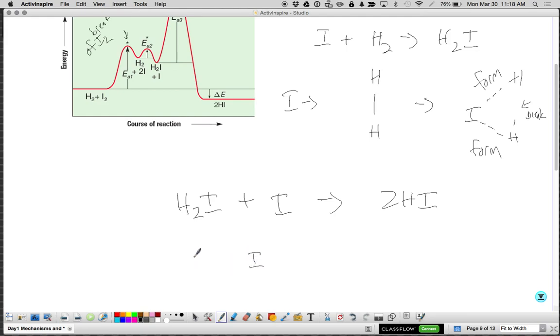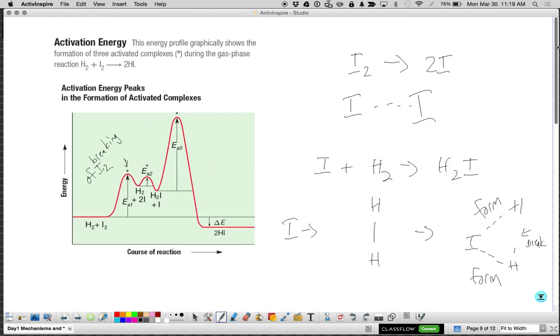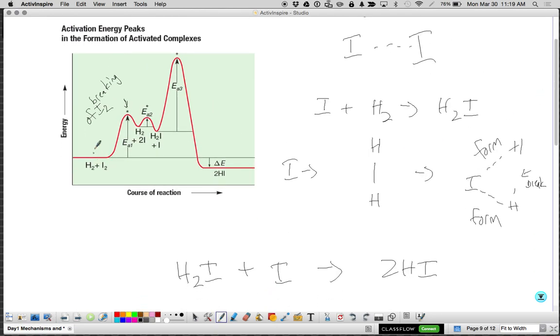Here's I, here's H, and here's an I coming in. So this bond is forming, and this bond is breaking. So this is just going to show that if you have a multi-step mechanism, you're going to have activated complexes for each of the steps in the mechanism.